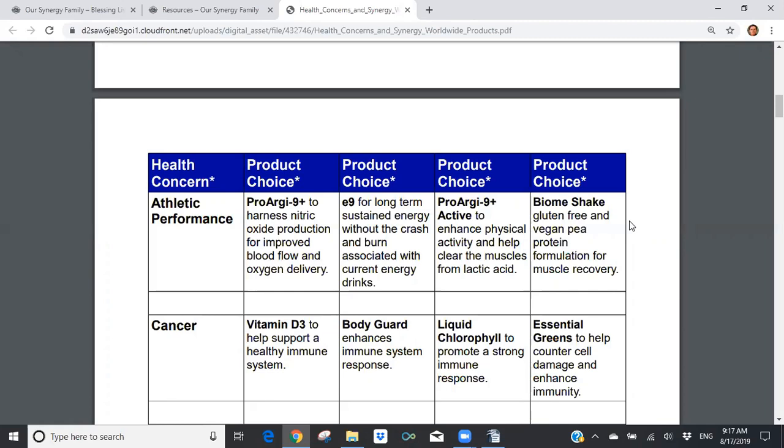That would be my first choice. My second choice would be the Bodyguard, because again, it's designed to enhance the immune system. Anything that you can do to improve the immune system helps to fight problems within the body.